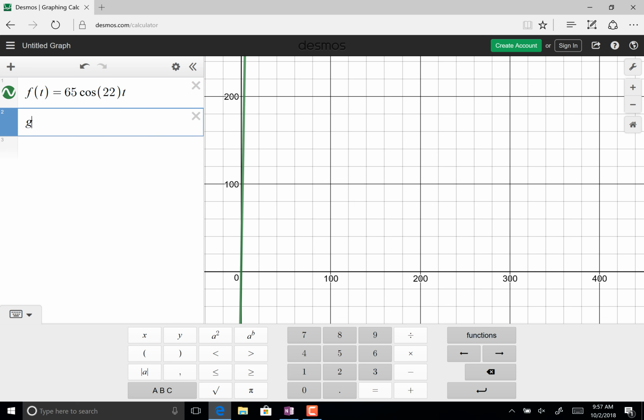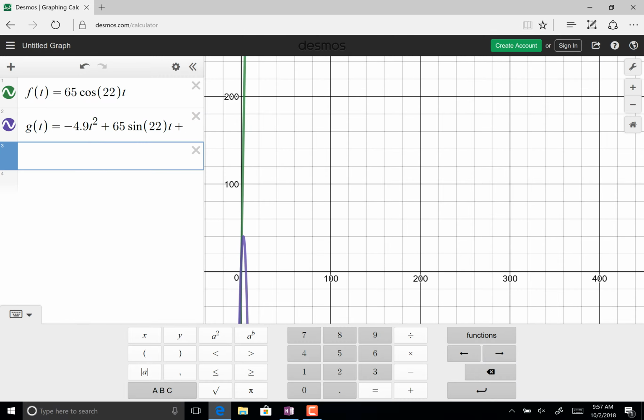And g of t equal negative 4.9 t squared plus 65 sine 22, t plus 10. And then, of course, down here, parentheses, f of t, comma, g of t.